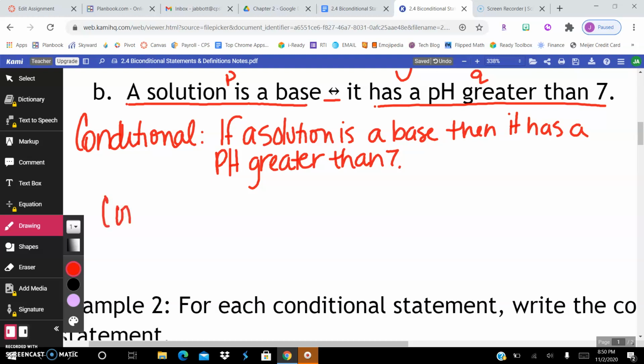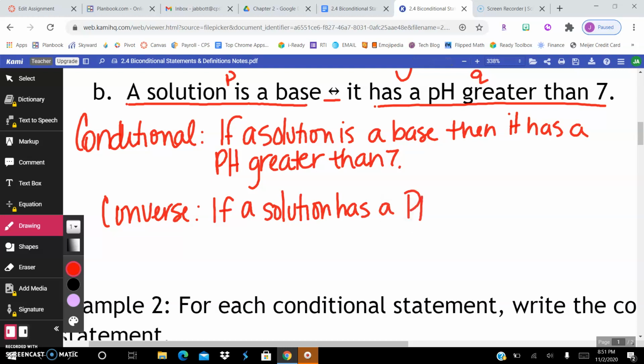And for the converse, we flip those. We'll say if Q, then P. So if a solution has a pH greater than 7, then it is a base.